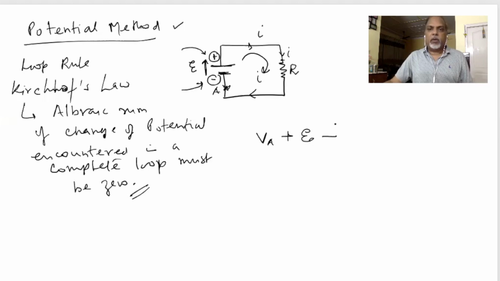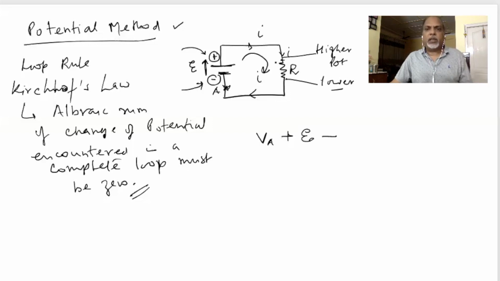Then the next thing is, this point is at the higher potential and this point is at the lower potential, because this is directly connected to this. Once the current flows through this resistance, there will be a potential drop, so naturally this point will be at the lower potential.